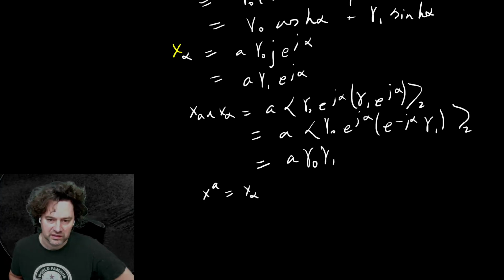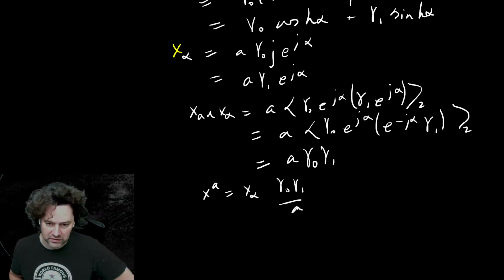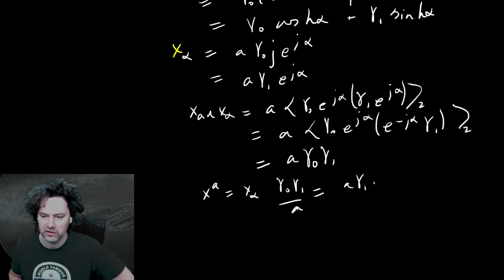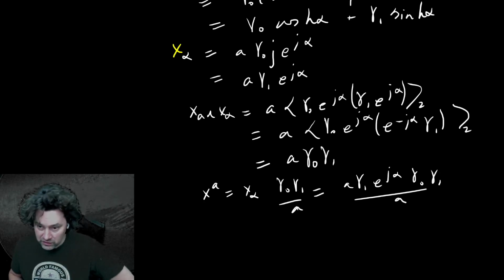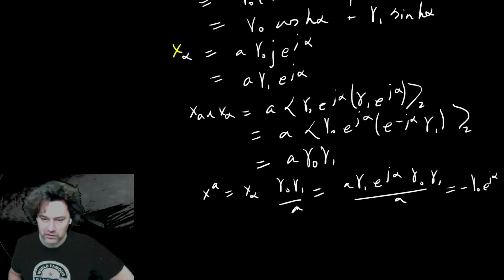So now our XA is X alpha gamma naught gamma 1 divided by A, which is A gamma 1 e to the j alpha gamma naught gamma 1 divided by A, which is minus gamma naught e to the j alpha.